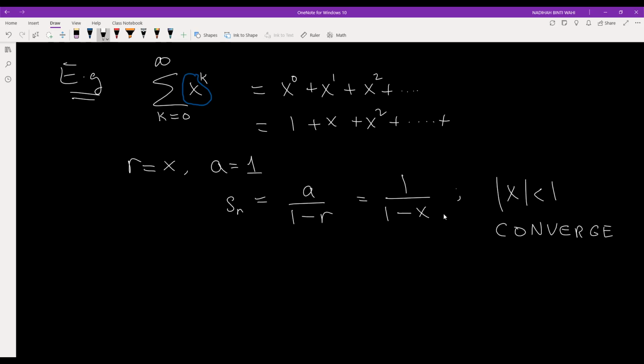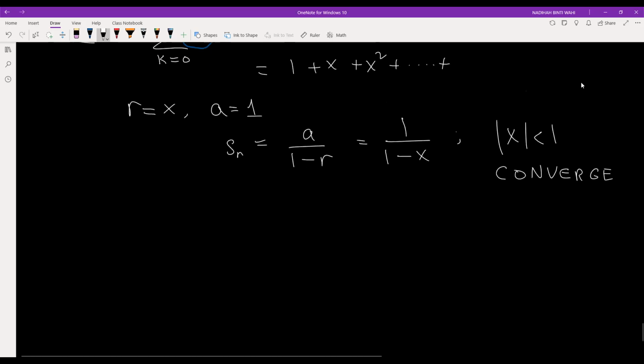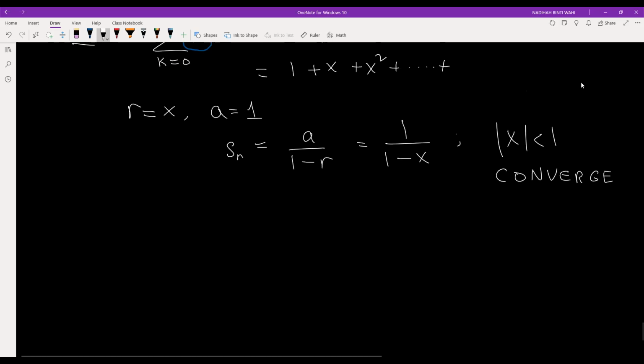Otherwise, it will diverge. So this is the same thing that you did for domain and so on. Because if you take the domain of this function, as I said before, sequence and series has some connection to your function.